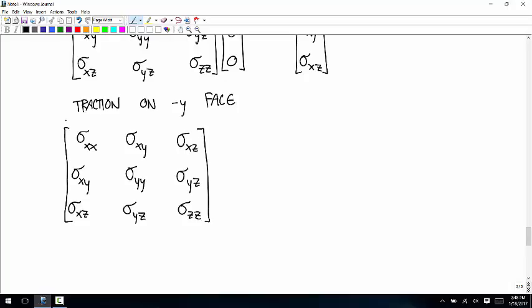And on the negative y face, what's a unit vector that faces outward to the negative y face? 0, negative 1, 0.